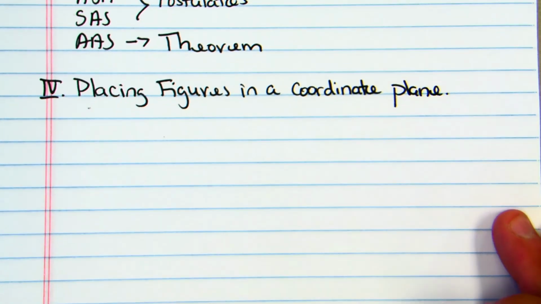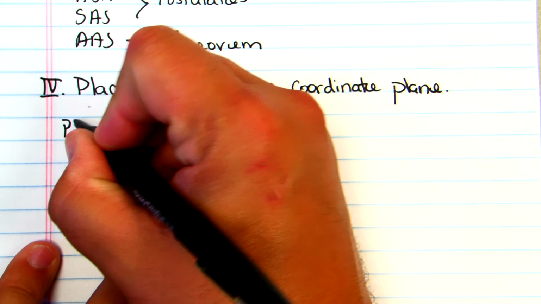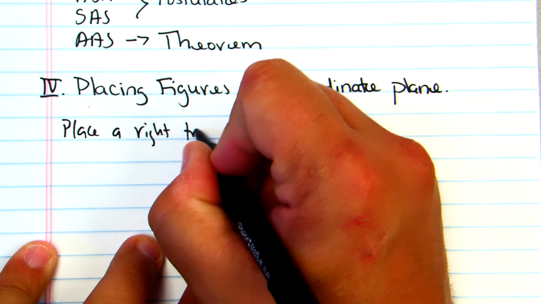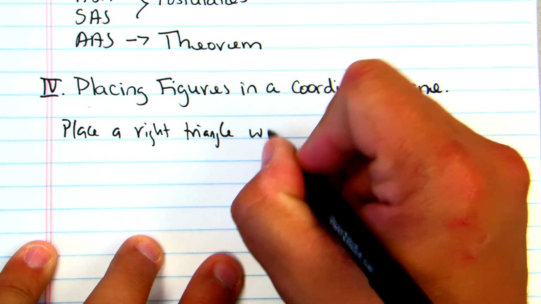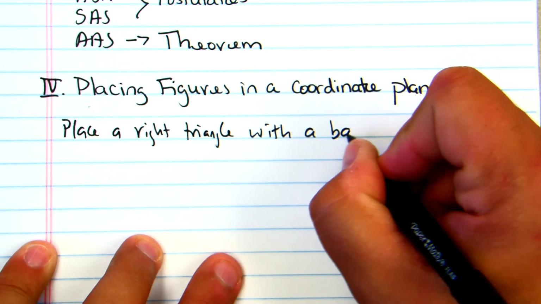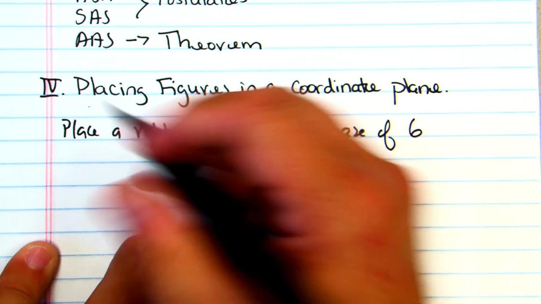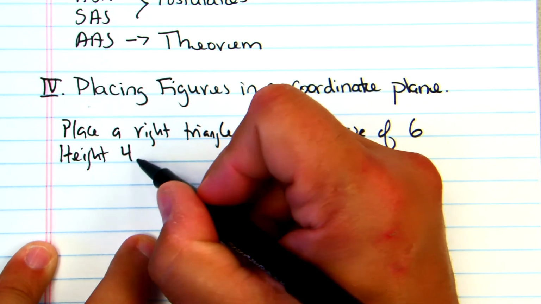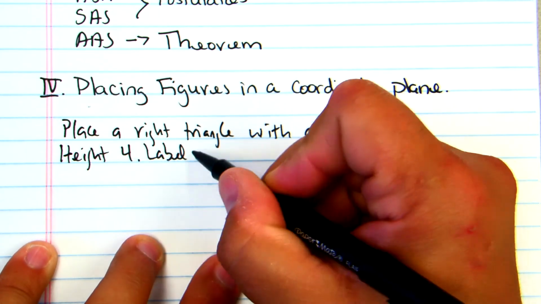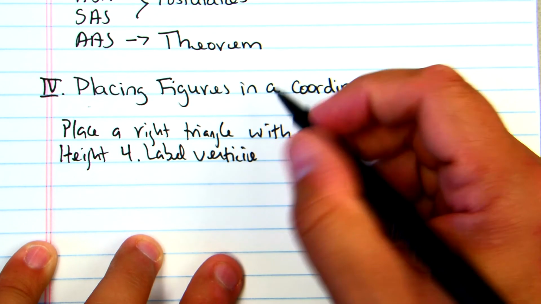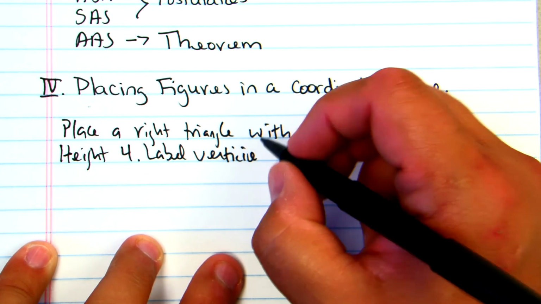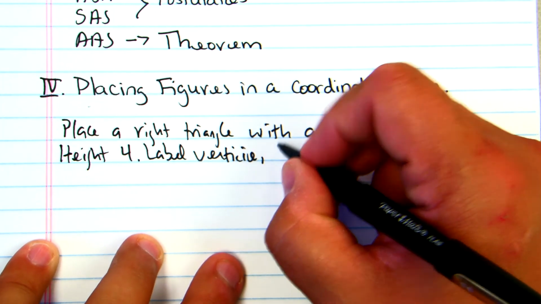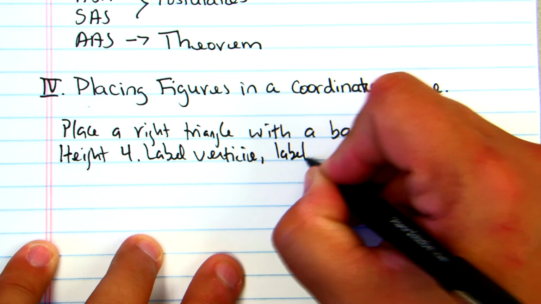So it may say place a right triangle with a base of 6 and a height of 4, and then label the vertices and label the coordinates.